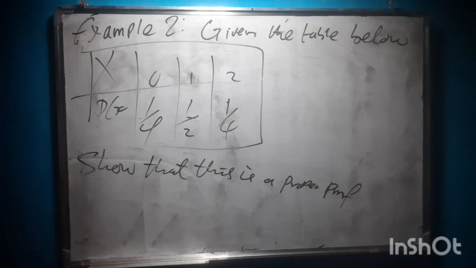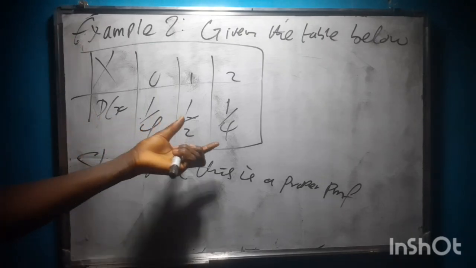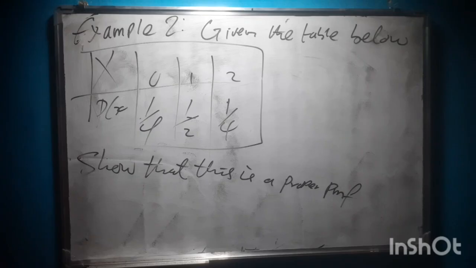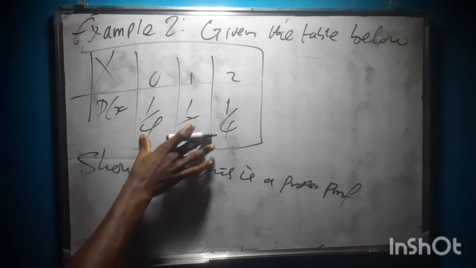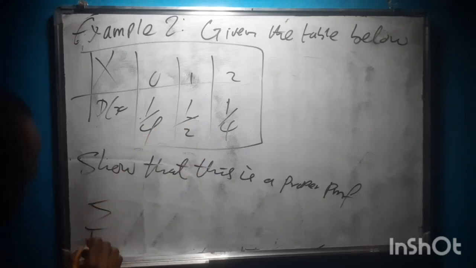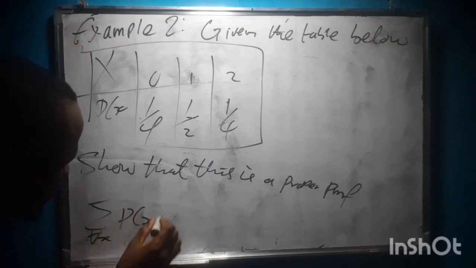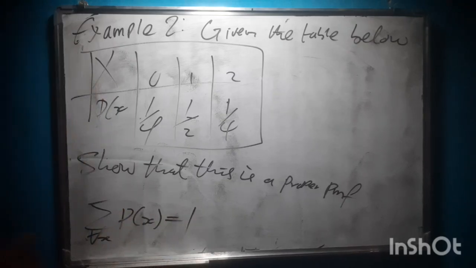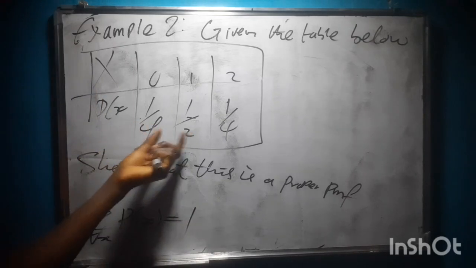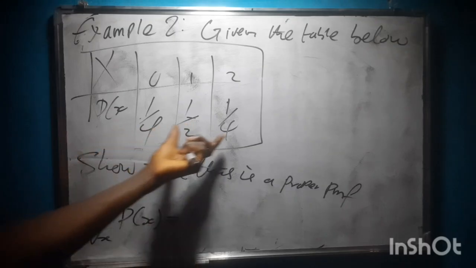Now, for you to show that this is a proper PMF, remember our property number 2. We say that for this to be a proper PMF, the summation over the range of x of P of x must be equal to 1. So what we do is just sum these probability values. If it gives us 1, we conclude that it is a proper PMF.